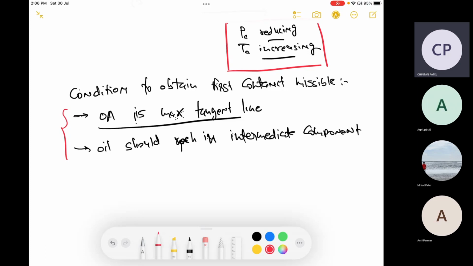Third thing, your oil must lie in such a way that the line is the maximum tangent from that two-phase curve. These three are the main conditions, while increasing the C1 composition.